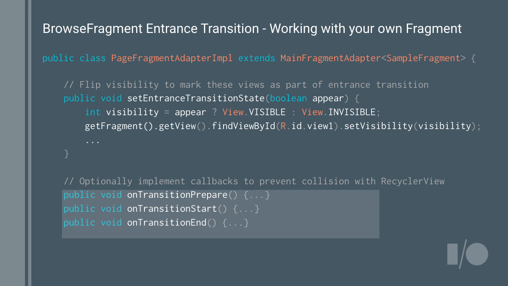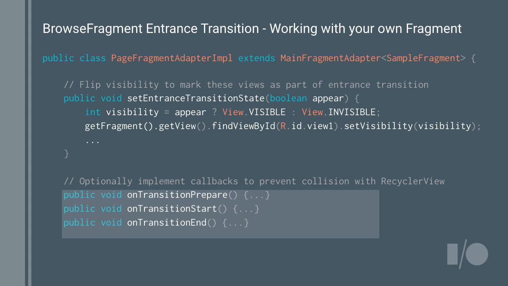Now, we also have these three callbacks. These are optional. Because the rows fragment internally uses RecyclerView, you might know that RecyclerView animation cannot be run together with transition animations. So the rows fragment listens to these callbacks.